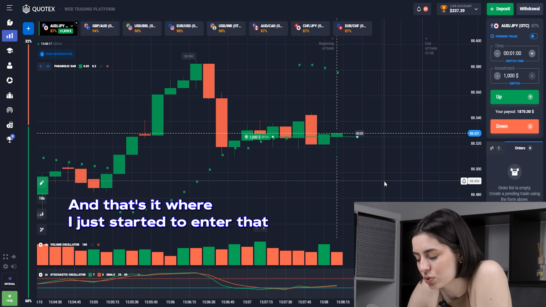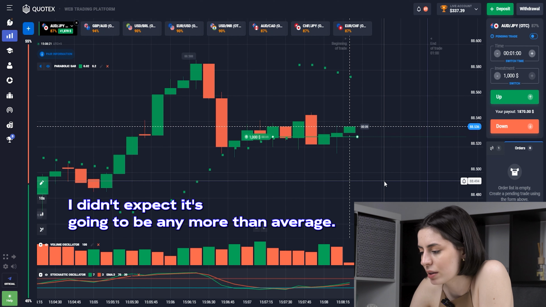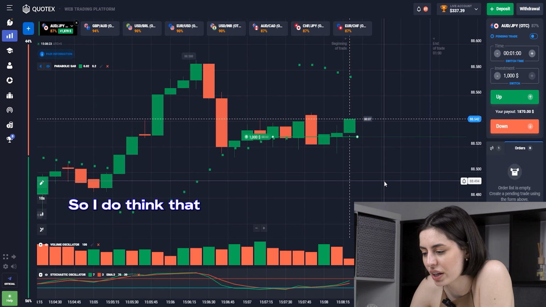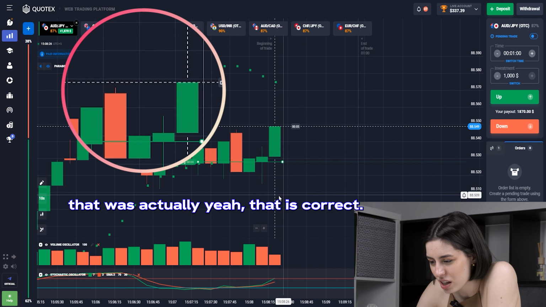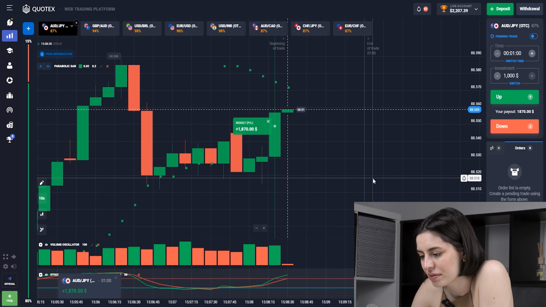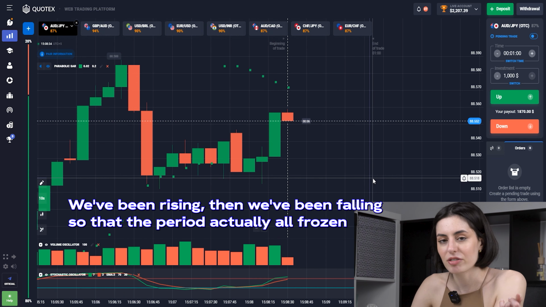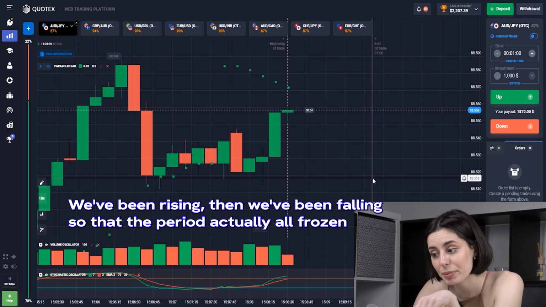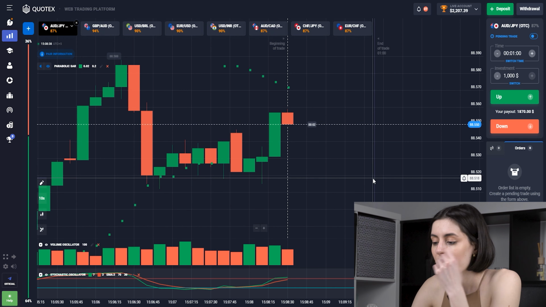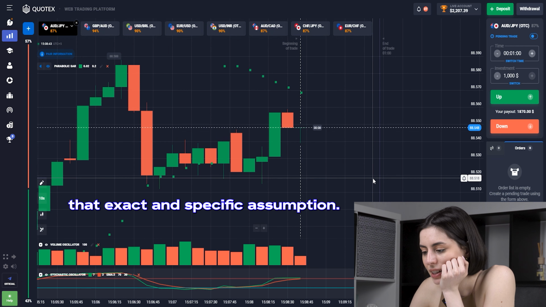Where I started to enter, I didn't expect it to go any more downward, so I do think that was, yeah, that is correct, but that's a difficult situation. Plus, look at this previous tendency. We've been rising, then we've been falling, so that's the period of rising, and that also gave me that exact and specific assumption.